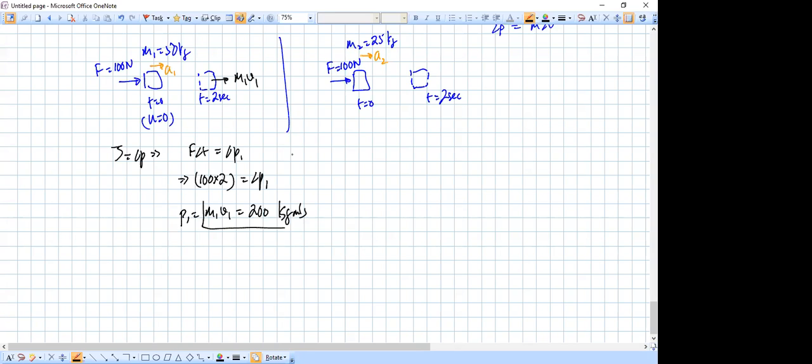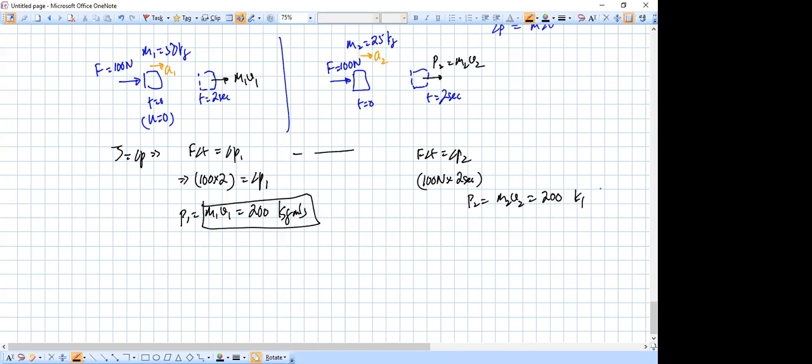Now when you apply the same thing here, F delta T is equal to delta P2 also, because it's the same force of 100 newtons acting for the same amount of 2 seconds. So by the time this comes here, its momentum has become M2V2. So the final momentum, which is M2V2, will also be equal to how much? It will be 200 kg meter per second.